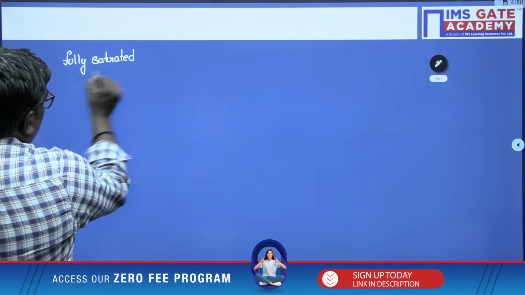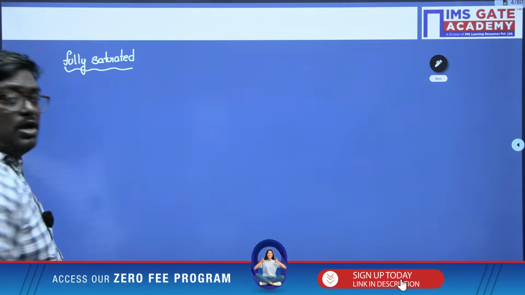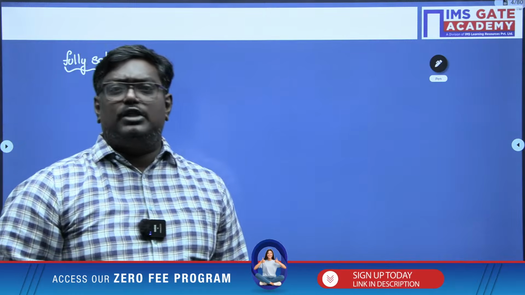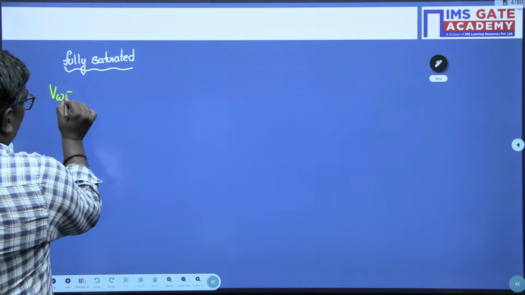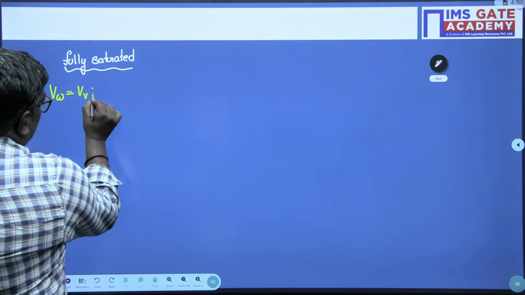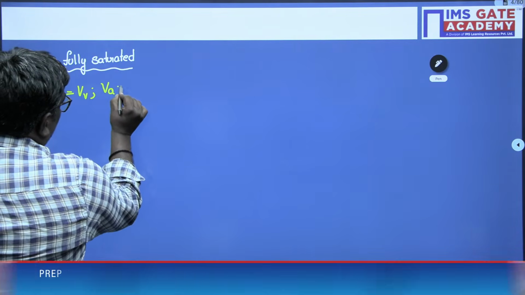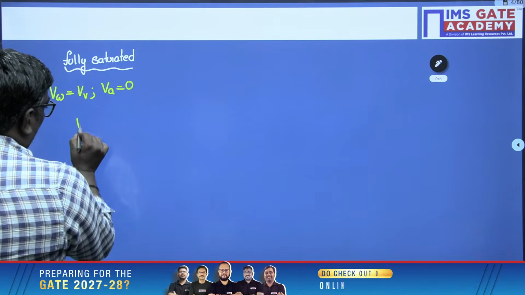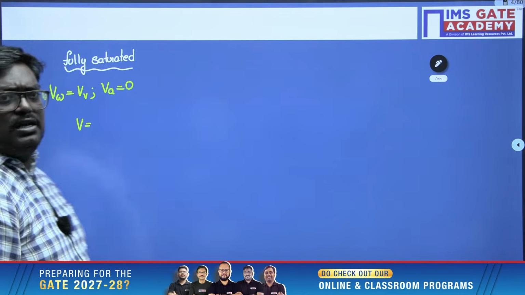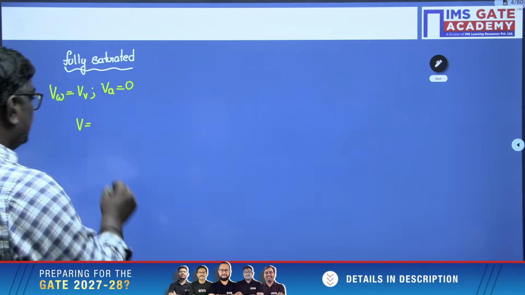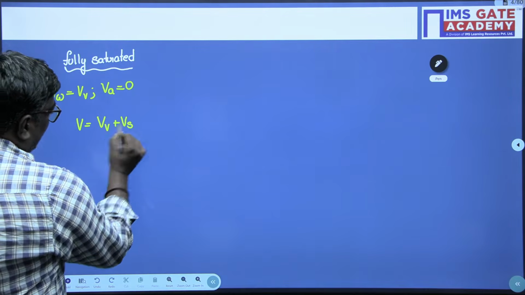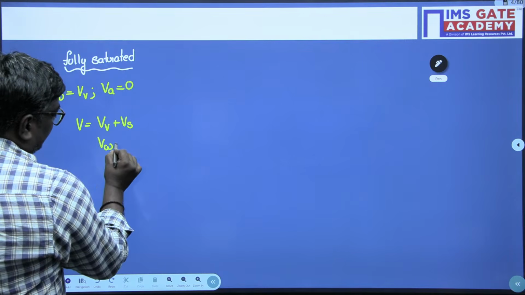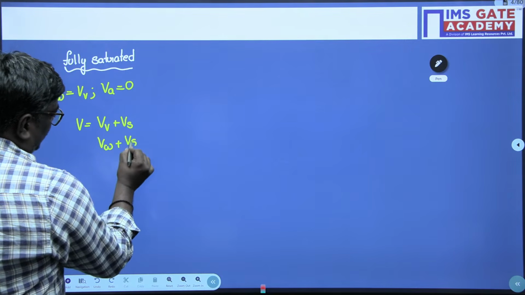Now, if I consider fully saturated soil, voids are completely filled with water. So here, the volume of water will be equal to the volume of voids and the volume of air will be 0. The total volume can be written as the volume of voids plus the volume of solids, and as air is 0, it is the volume of water plus the volume of solids.